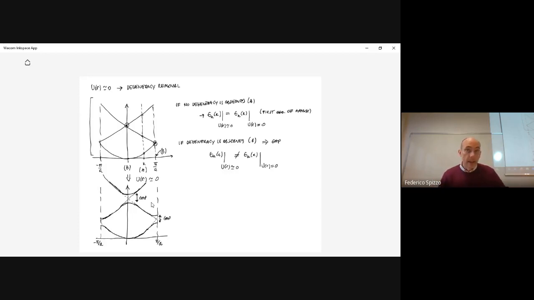And the energy gap depends on the strength of the potential. So this gap is proportional, not directly to U, but to the Fourier component of the potential that you evaluate at that value of the wave vector.